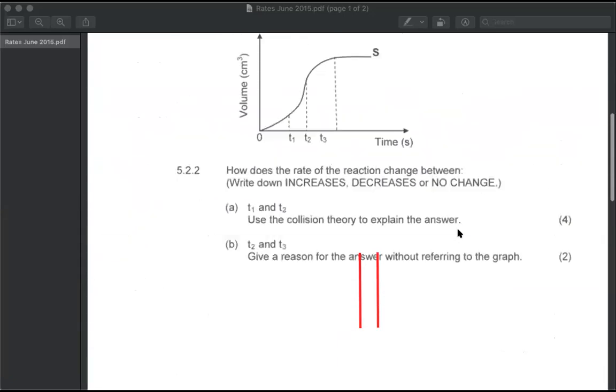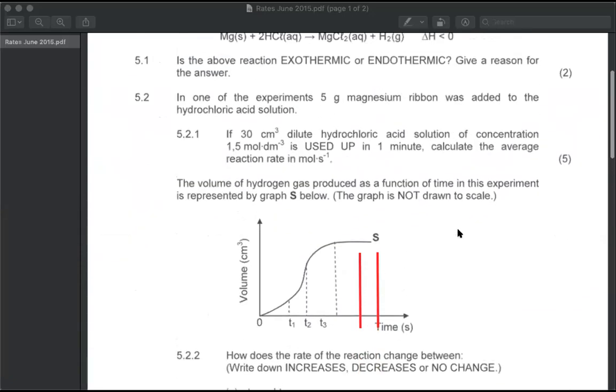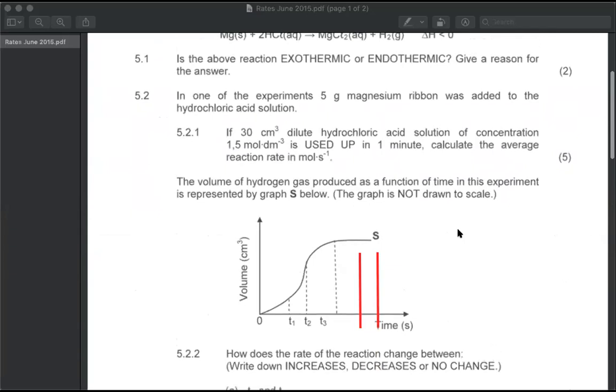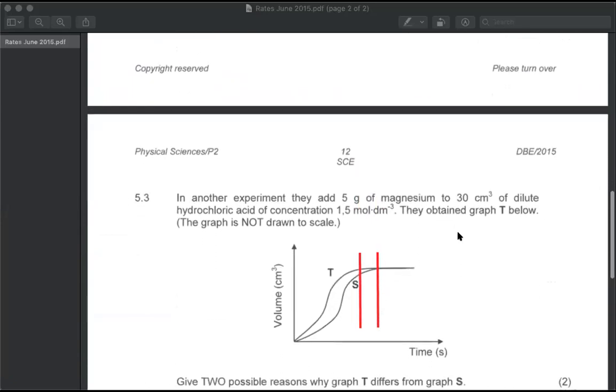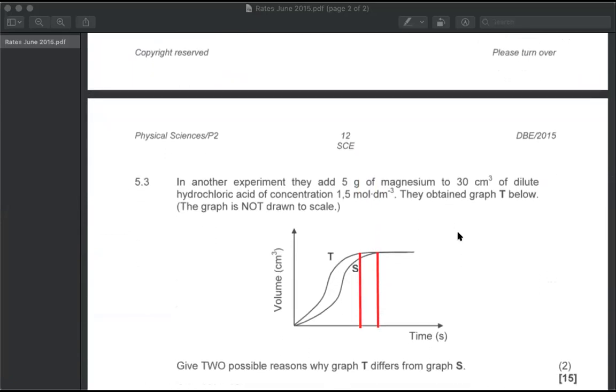What did our original one have? 30 centimeters cube hydrochloric acid concentration 1,5 mole per dm cube. 1,5. So the concentration is the same. We'll have to look at temperature. You can look at surface area. You can look at catalyst. All right. So those are the things that you look at. So one of the answers will be temperature is higher. It took place at a higher temperature.